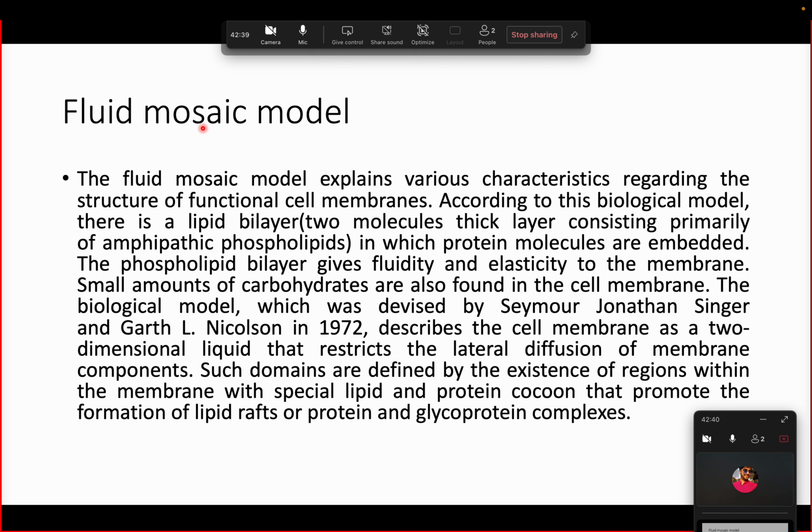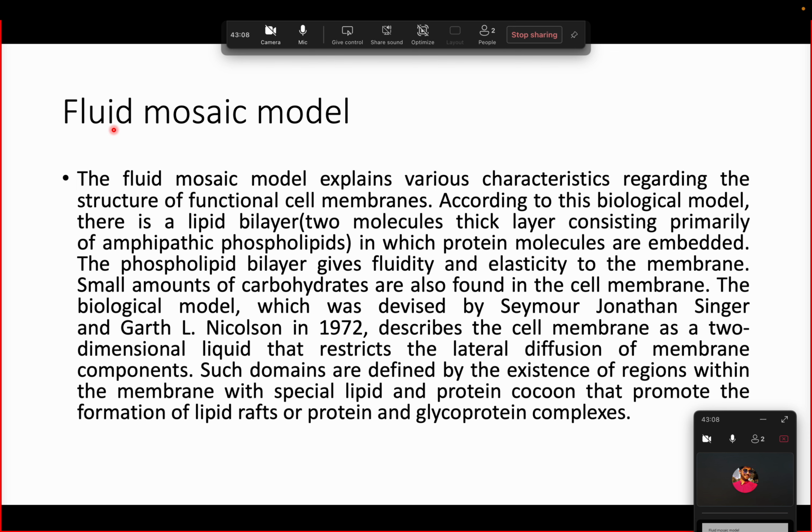So how are we actually understanding these things? To get to this model, there are n number of experiments into play, but there are certain defining experiments which actually put a nail on the concept that a membrane is fluidic in nature and the distribution of proteins and components inside the membrane is random and hence mosaic in nature.